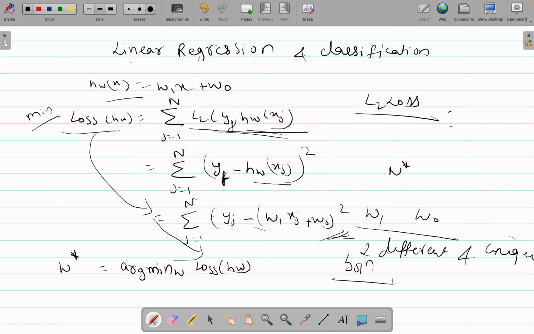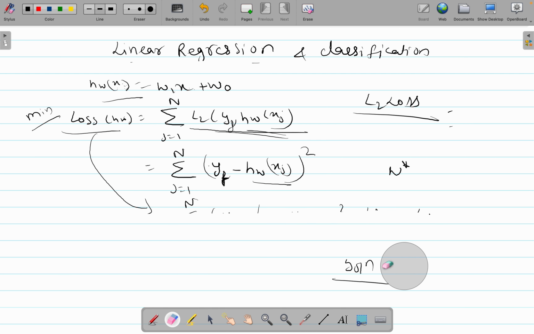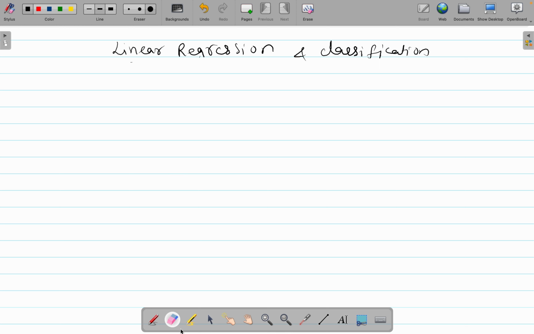These different and unique solutions are our problem solution. Now how we will do that? First I will just remove this because now there's no space. If you want to write it, you have the pause button with you.